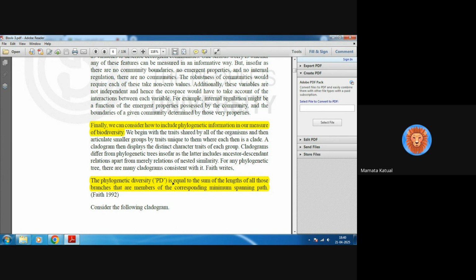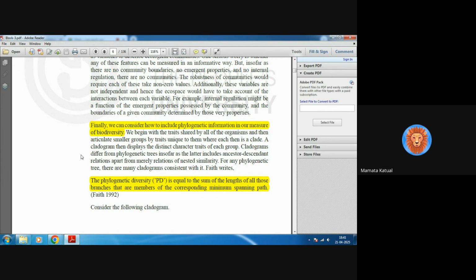When there are a number of species, we have to study their evolutionary relations. All organisms are related through evolution, but some organisms are related very closely, and some other organisms are related distantly. If they are related closely through evolution, then the two species will also be very close morphologically and taxonomically.